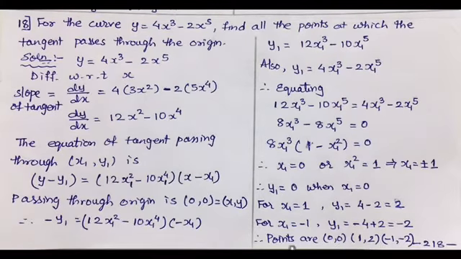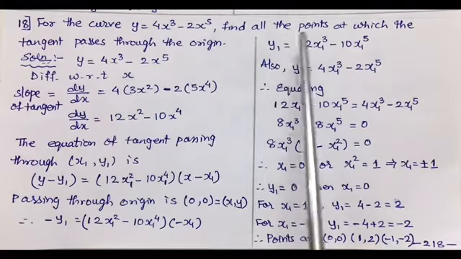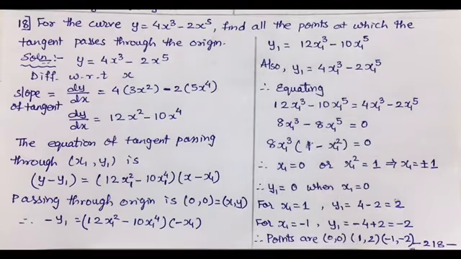So there are total 3 points, because the question asks to find all the points. Hence we have calculated 3 points, that is 0, 0, 1, 2, and minus 1, minus 2, from where the tangent through the origin passes.